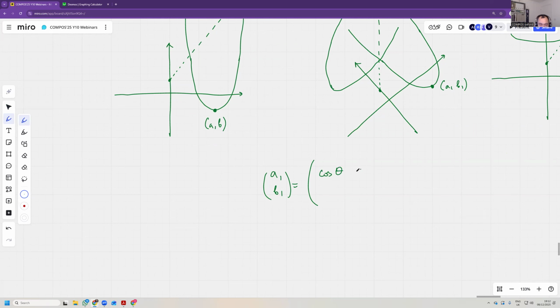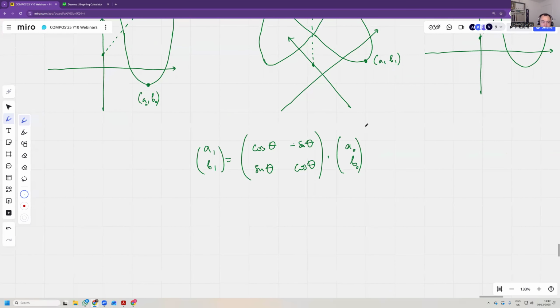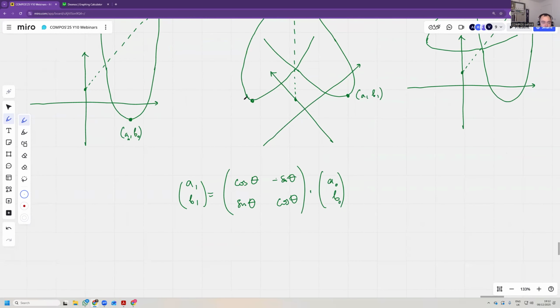It is the matrix cos theta, sine theta, minus sine theta, cos theta, multiplied by A, B. So if this is the vertex A0, B0, then you do a reflection, then you get the image A2, B2. Well, A2, B2 is easy. A2, B2 is simply minus A1, B1.